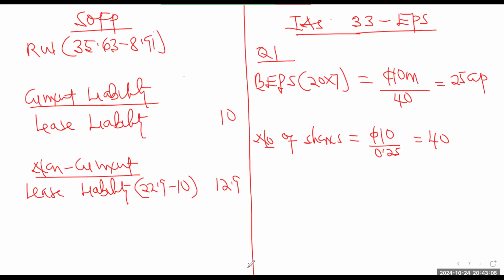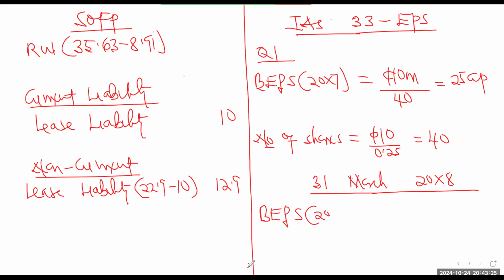Okay, let's come to the year ended 31 March 2x8. So let's come to the issues that have happened there. We know that the basic earnings per share for 2x8 will be calculated as what? The earnings for that particular period.